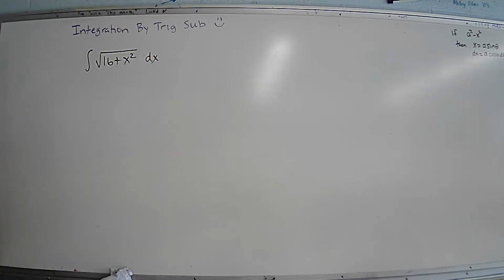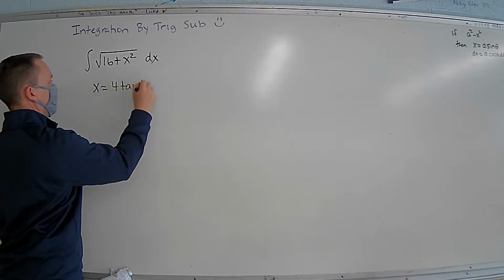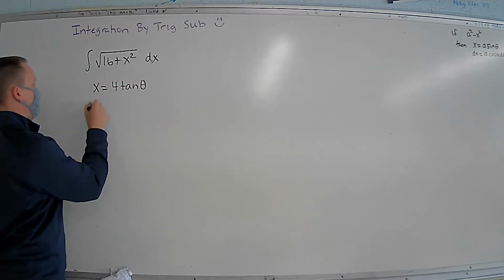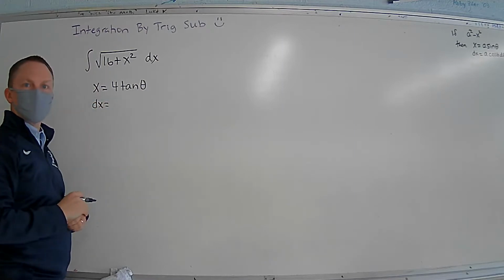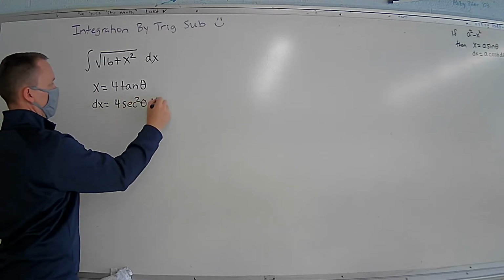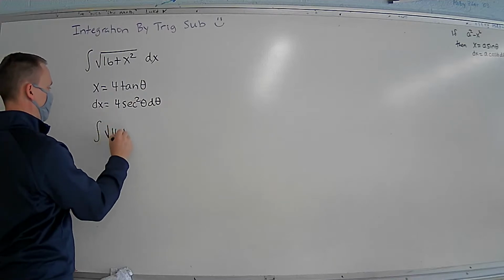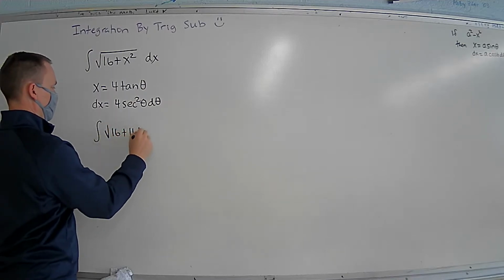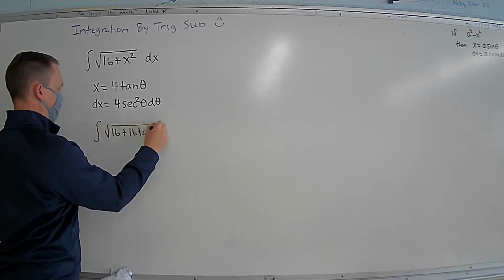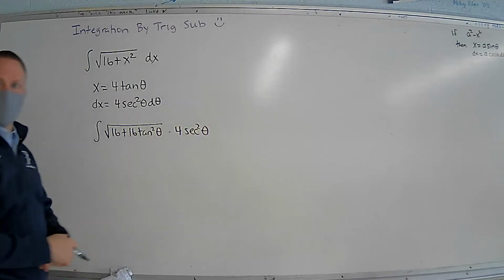Almost the exact same problem, but not. This is 16 plus x squared inside of a radical. And I'm going to make this substitution. x equals 4 tangent theta. What's dx then? 4 secant squared theta. So this ends up being the square root of 16 plus 16 tangent squared theta, times 4 secant squared theta.